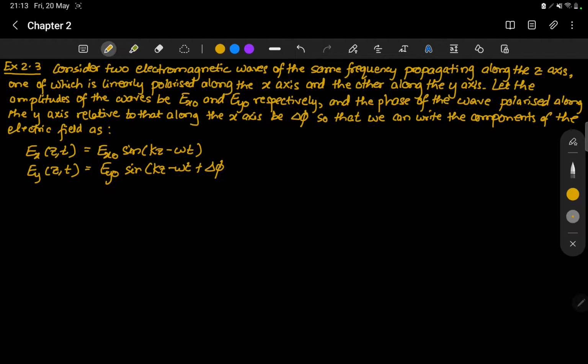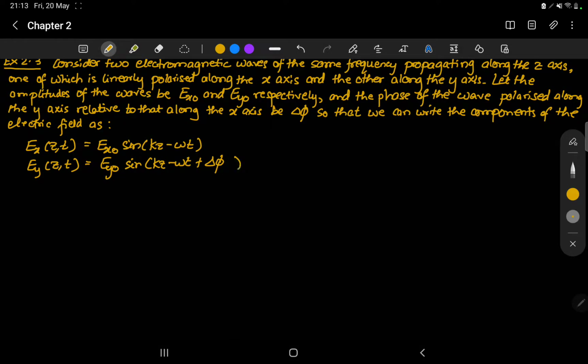This is the relative phase difference between the components along x and y.